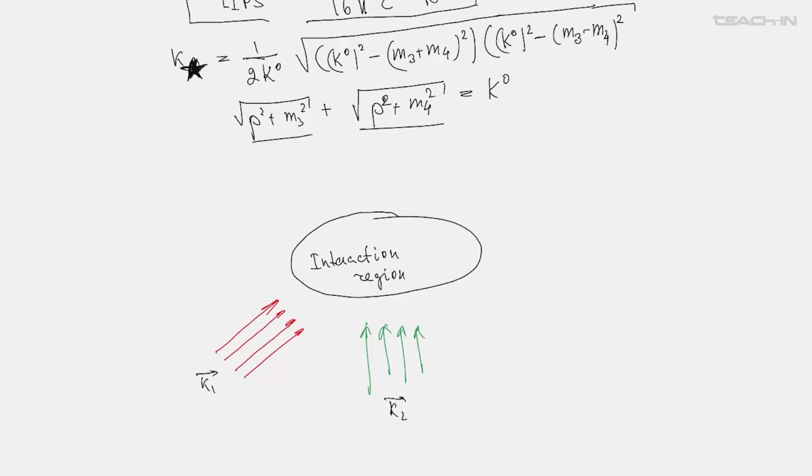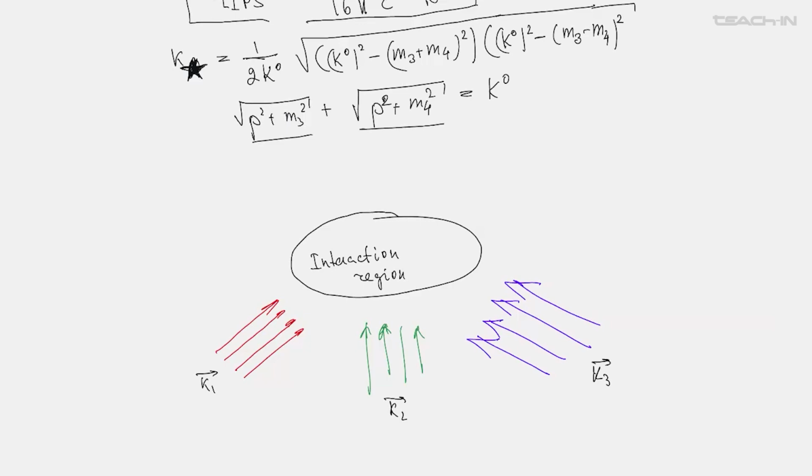In general, you can send another beam of some other particles with another momentum K3, and so on. So you send several beams from the accelerator. In the simplest situation, these are just two beams of particles sent to the collision region.